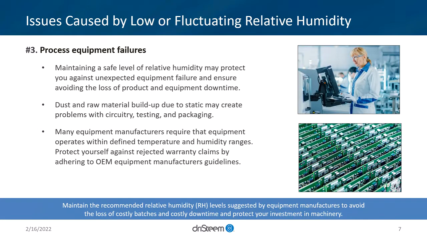Process equipment failures: within these designs themselves, if it's a soldering machine or a drying machine and you want to control that RH at a regulated pace, that's within the design of that piece of equipment. So if you look at the specific piece, that could potentially tell you where you need to be.